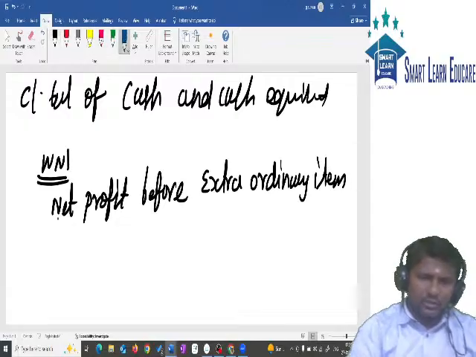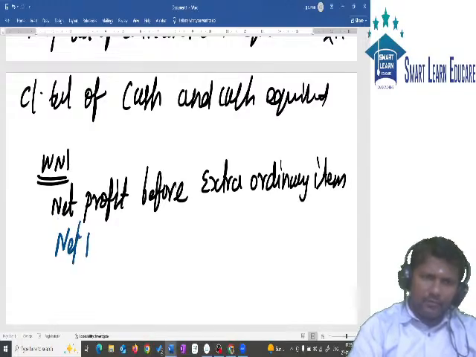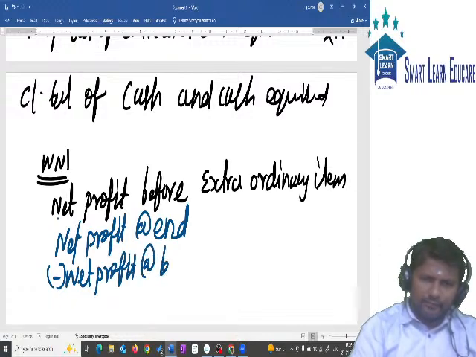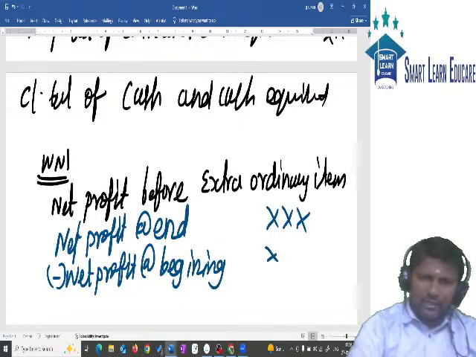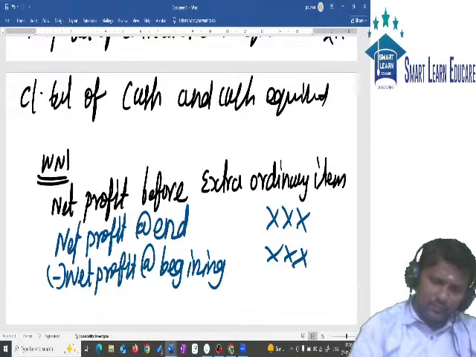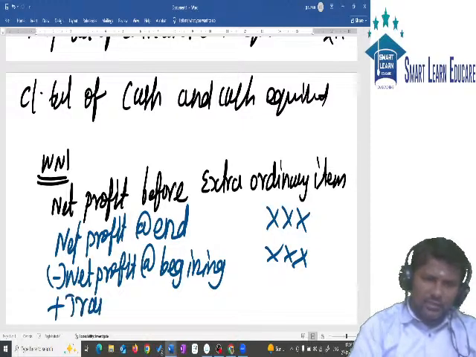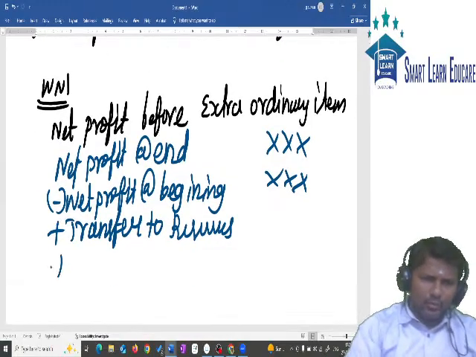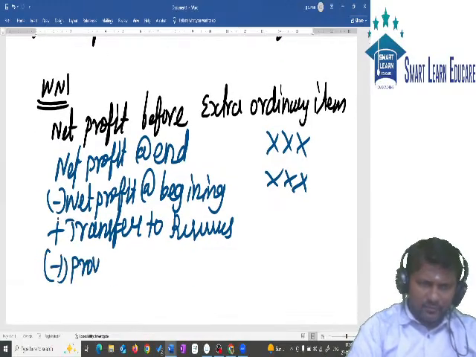So how do we find this out? It is net profit at the end minus net profit at the beginning. Add back transfer to reserve. Add back provision for tax.